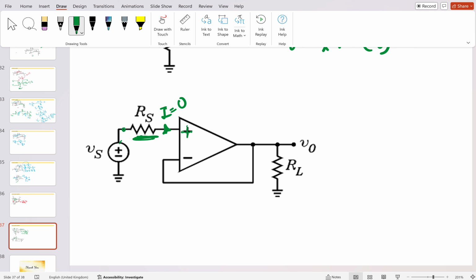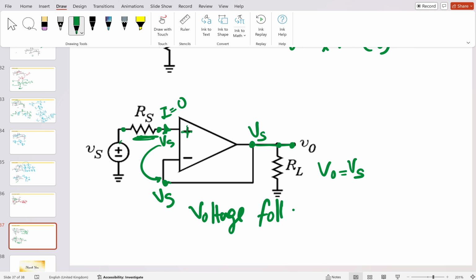So the voltage at this node, which is connected to the positive terminal, is simply Vs. This is also Vs, and since this is connected to this node, V output will be simply equal to Vs. This is called a voltage follower circuit, which always follows the input voltage. The output voltage is equal to Vs, and its gain, V output by V input, is 1. Are you getting my point?